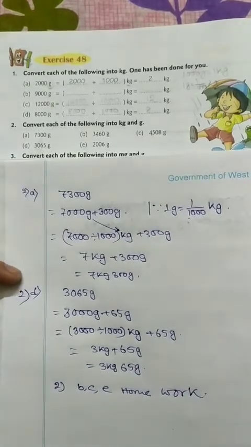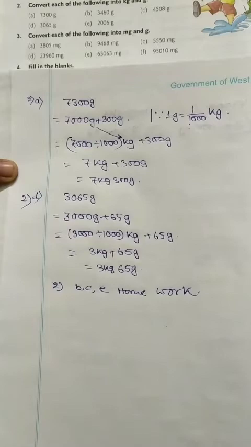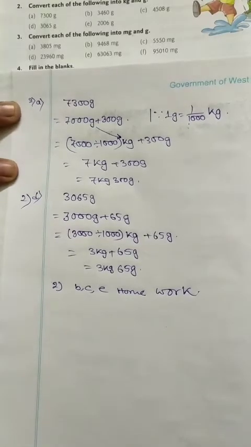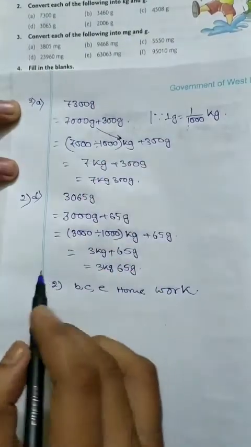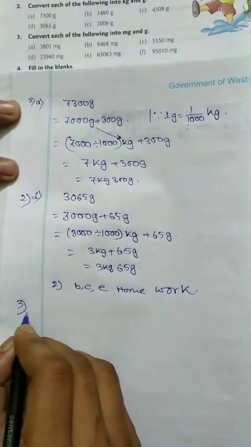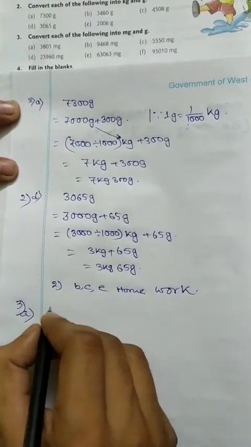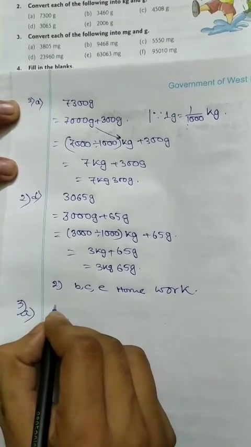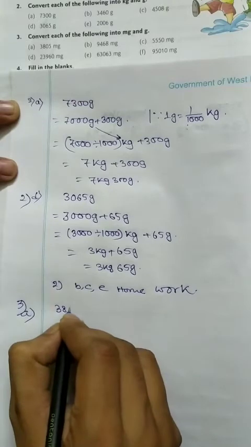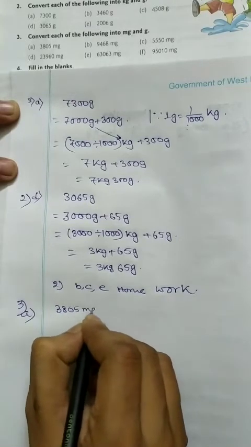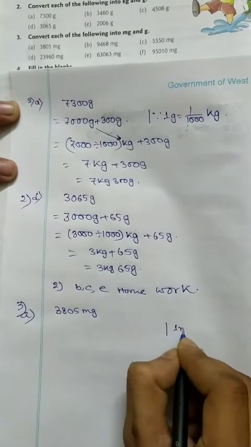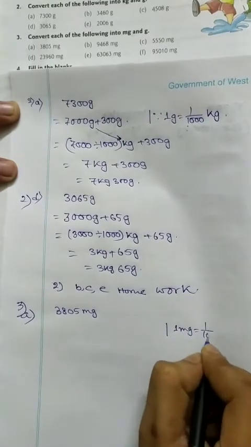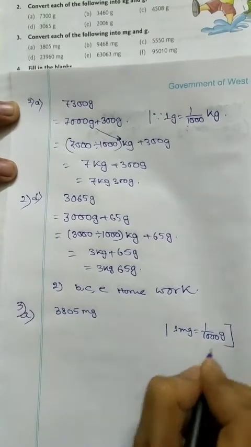Now see question number 3. Convert each of the following into milligram and gram. Now 3a, 3805 milligram. Now we have 1 milligram equal to 1 upon 1000 gram.